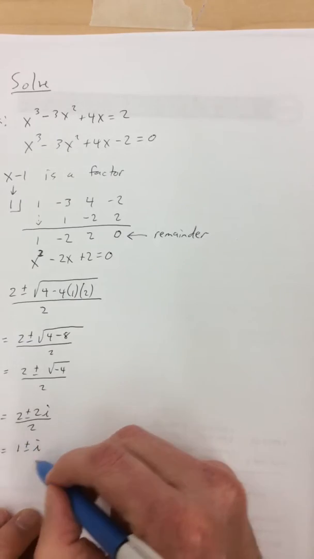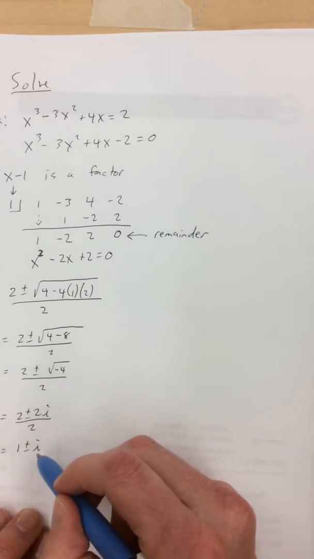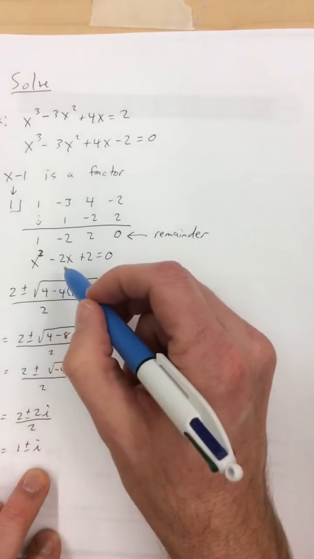So there are actually two roots right here, 1 plus i and 1 minus i.